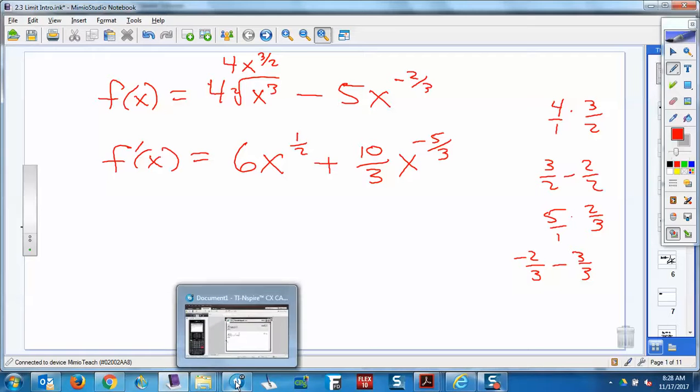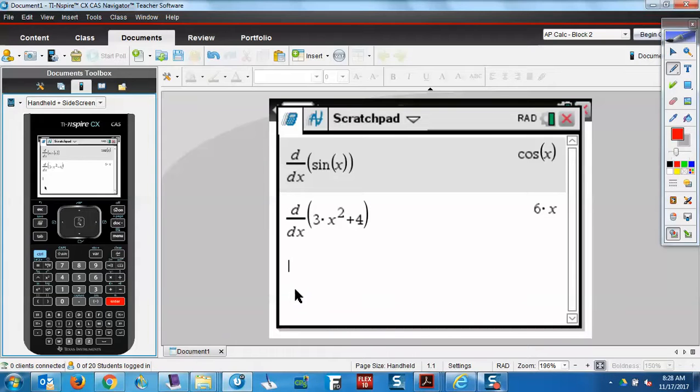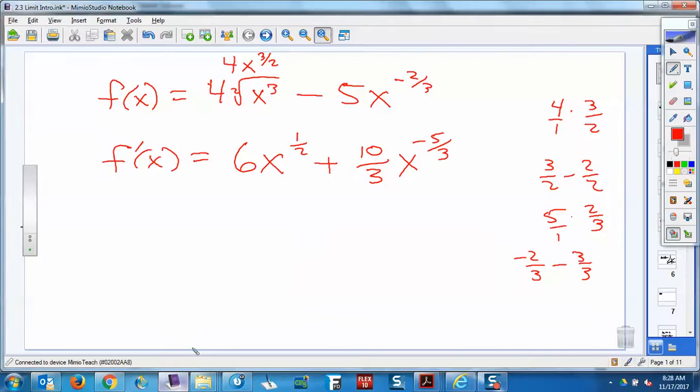Now I'm curious, what do we get on the calculator with that one? Somebody want to read it to me? Who's got it? 6x squared divided by the square root of x to the 3rd, plus 10 divided by 3x to the 5/3.